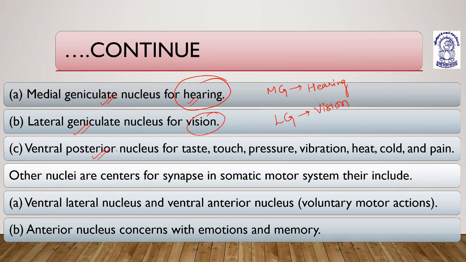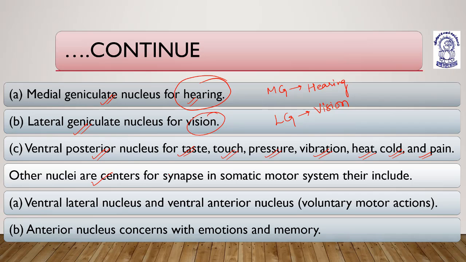The ventral posterior nucleus is for taste, touch, pressure, vibration, heat, cold, and pain.